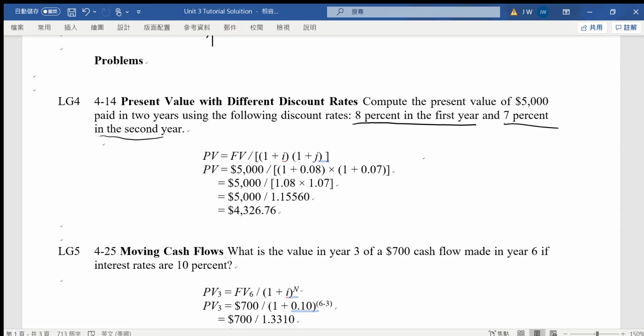Because of that, you need to discount the amount individually. The computation applies this simple equation using the future value: 5,000 divided by 1 plus 0.08 times 1 plus 0.07. Then we can work out that it will become 4,326.76.